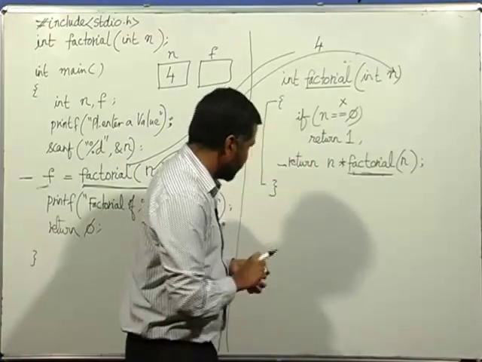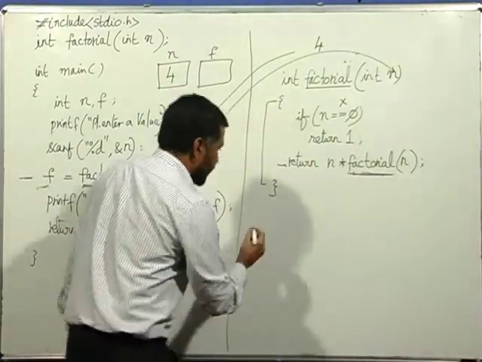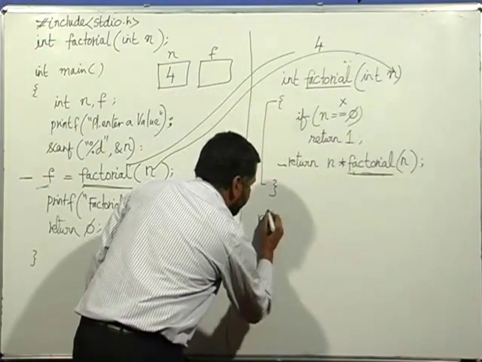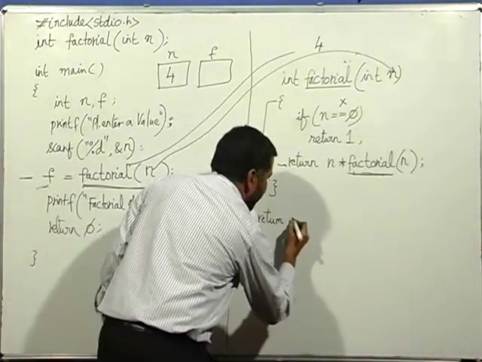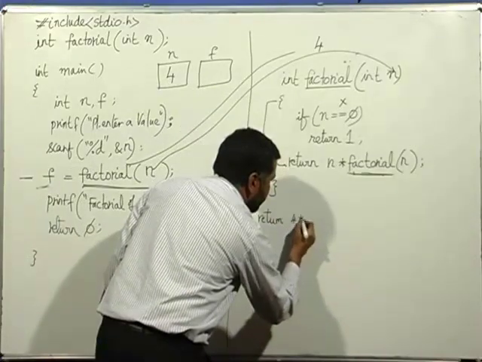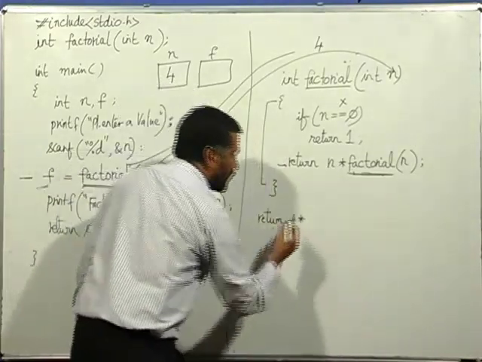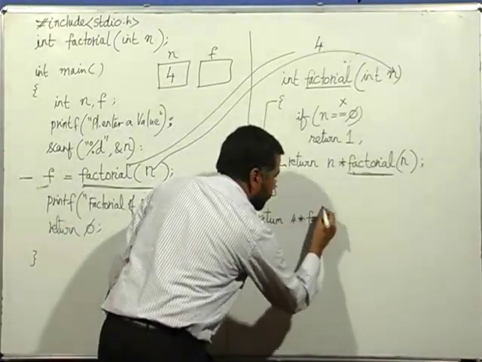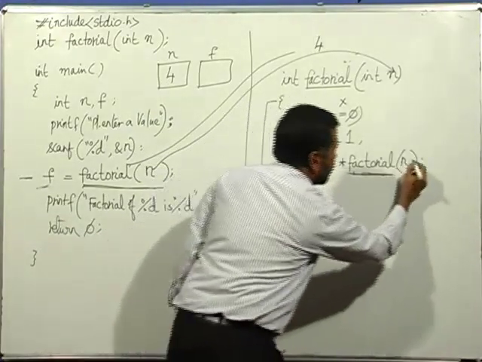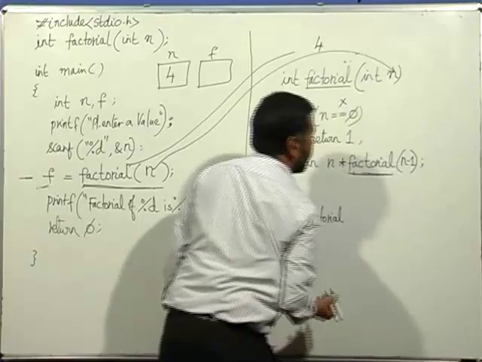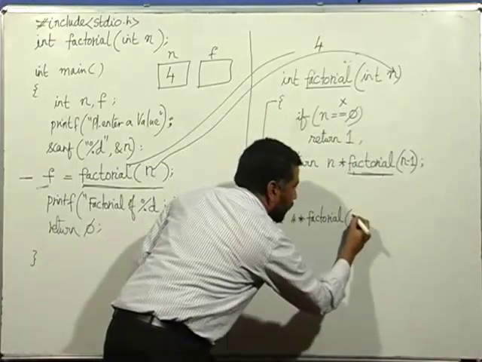We can see that this is actually, if we can write the statement here, it is supposed to return a value which is equal to 4 times factorial of n minus 1. So factorial 3.